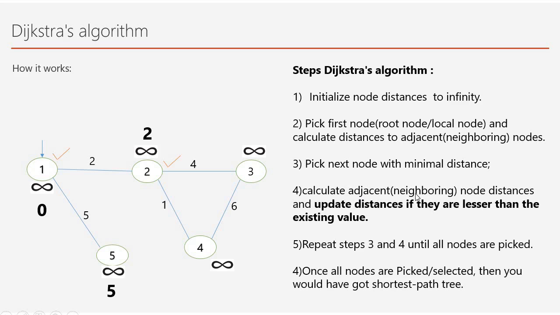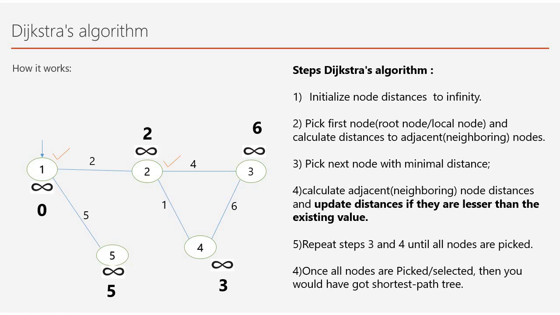Then calculate the adjacent node distances and update the distances if they are lesser than the existing value. Once you pick up node 2, you have two neighboring nodes, that is the third node and the fourth node. To reach node 3 from 2, you need 4 units. To reach 2 from 1, you need 2 units. So the weight required to reach node 3 from 1 would be 2 plus 4, that is 6.